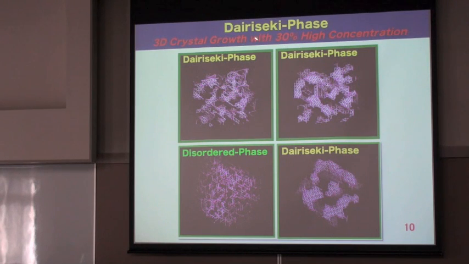But if you go to very high concentration, like a 30% case, this is a completely disordered phase. Then if you go to the spinodal decomposition, the atoms start gathering like this. In the case of high concentration, you can make this kind of a complete network in your whole crystal.